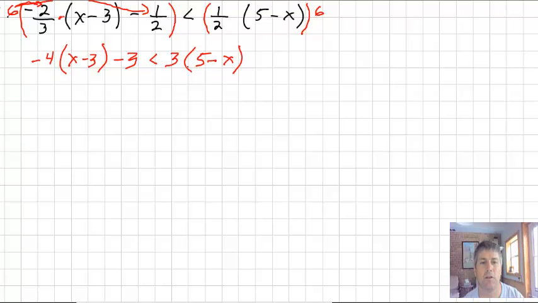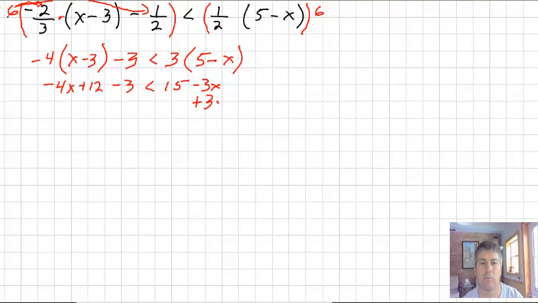I'm going to distribute the negative 4, I'm going to distribute the 3, so I get negative 4x, negative 4 times negative 3 is positive 12, minus 3 is less than, distribute the 3, so 3 times 5 is 15, minus 3x.